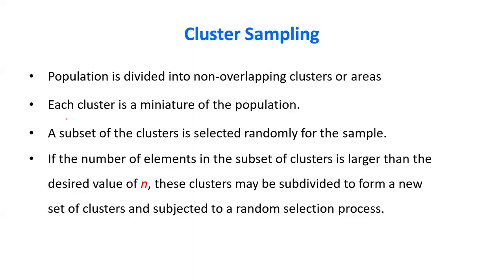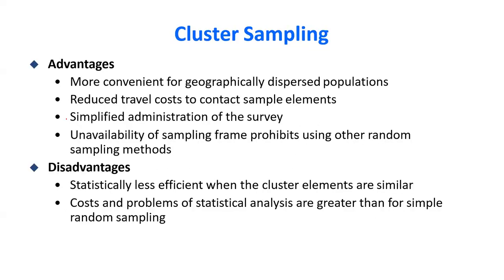So here we first identify the unique clusters in the data through a certain algorithm, and then we can consider those as strata, and based on the strata, we can generate the samples from each of the strata. Advantage: more convenient for a geographically dispersed population.